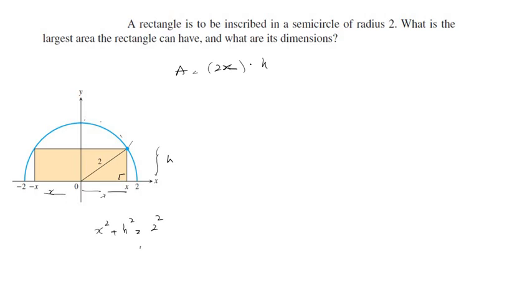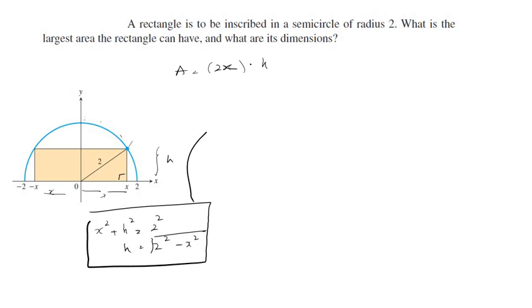So h is equal to the square root of 2 squared minus x squared. Let me substitute this here, so A is equal to 2x times the square root of 4 minus x squared.